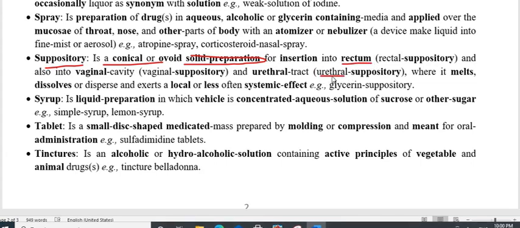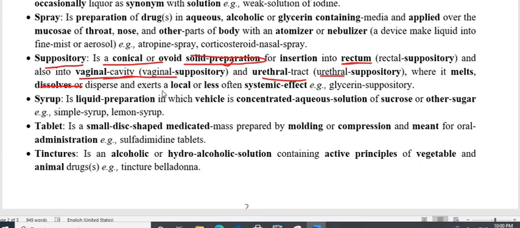Pessary is also solid form, but that is particularly for the female vaginal use, whereas the suppository is a solid medicinal dosage form, conical in shape, that should be inserted in the rectum, the vaginal cavity, or the urethral cavity, named as per its use, and it melts at the temperature of that particular organ.